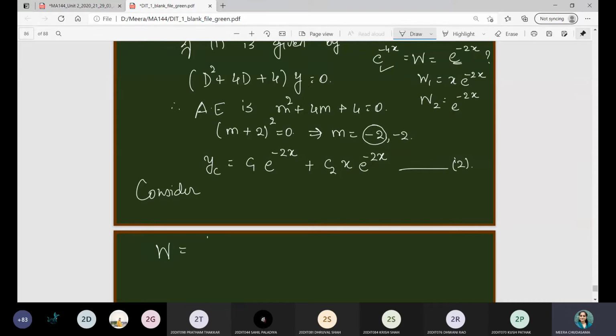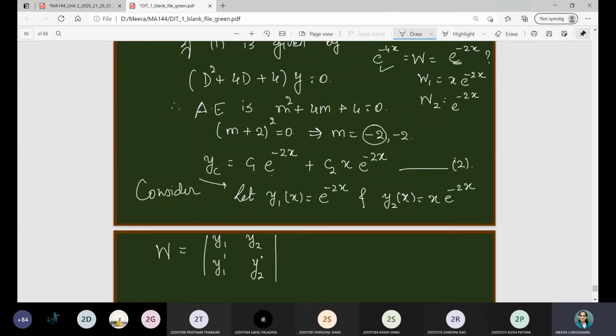I am solving here the Wronskian. So by definition, it is y1, y2, y1 dash and y2 dash. Before the statement, consider, let y1 of x is equal to e raised to minus 2x, that is this function, and y2 of x as x e raised to minus 2x, means constant quantity के अलावा जो भी आपको functions of x मिल रहा है, that you have to consider as y2.